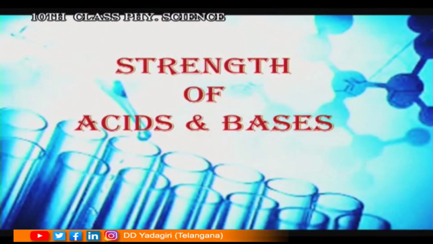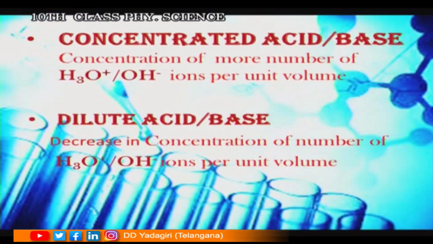Strength of acids and bases. Concentrated acid or concentrated base. Concentration of more number of H3O plus, that is hydronium ions, or OH minus ions per unit volume is called concentrated acid or concentrated base.